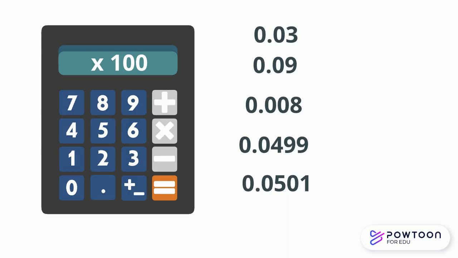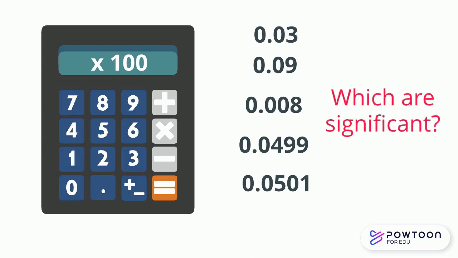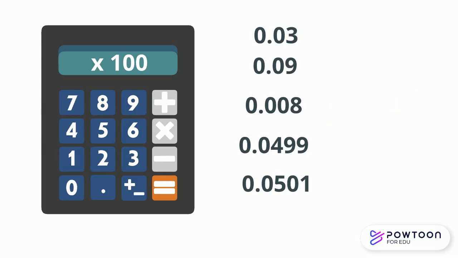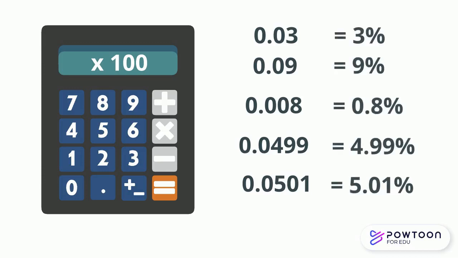Would you be able to tell which of these were significant, i.e. which are below 0.05? Once we times those p-values by 100, we get the following percentages, which are hopefully easier to spot which are significant and which are not. So remember, it's just values below 5% which are significant and above 5% are not.